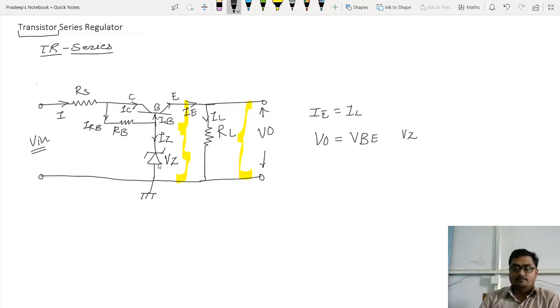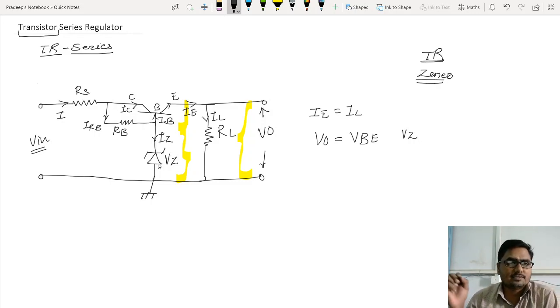But one thing that you need to understand is, if I am talking about a regulator, particularly a transistor series regulator, a transistor is there, a Zener diode is also there. To work with those components and form a regulator, I need to have the Zener diode in the breakdown region.